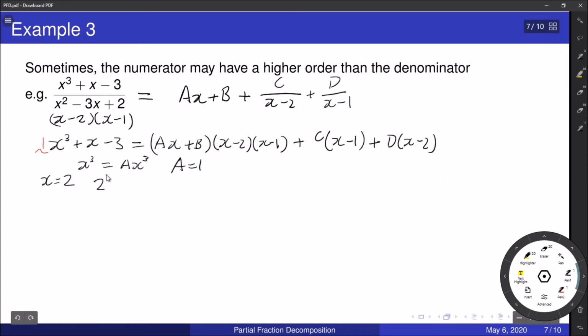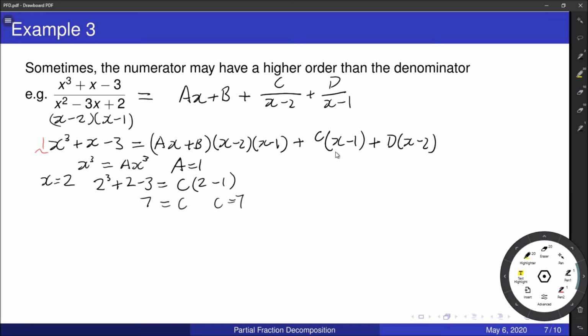So 2 cubed plus 2 minus 3 equals c times 2 minus 1. d is gone as well because it's multiplied by 0. So 8 plus 2 is 10, minus 3 is 7, so c equals 7.